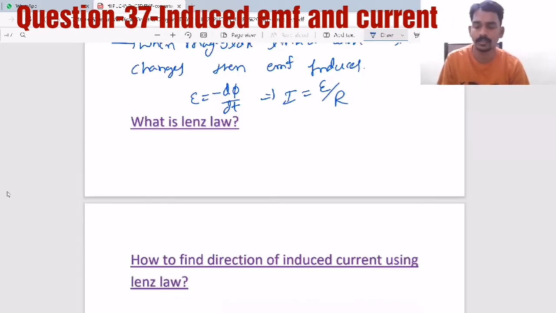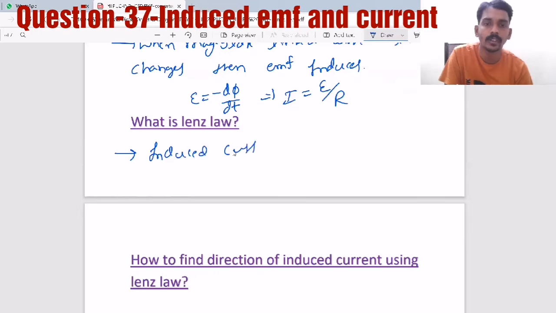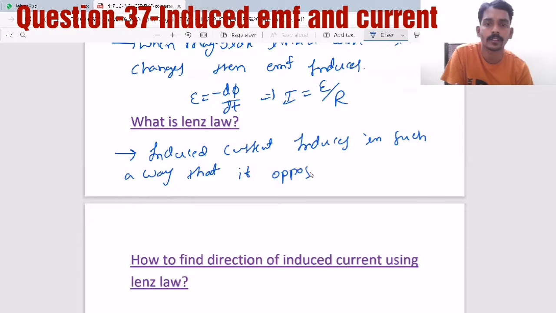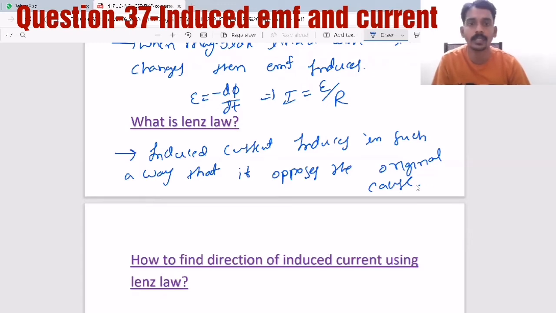Now what is Lenz's law? Lenz's law explains the negative sign in the induced EMF equation given by Faraday. Lenz's law says that the induced current is induced in such a way that it opposes the original cause, that means the external effect.